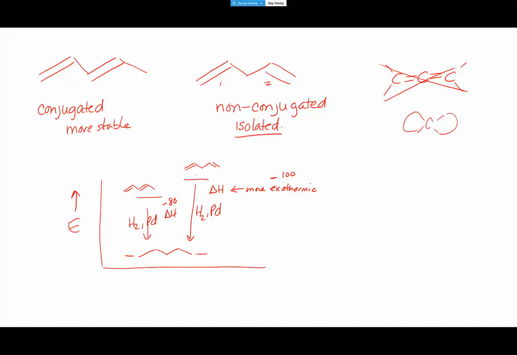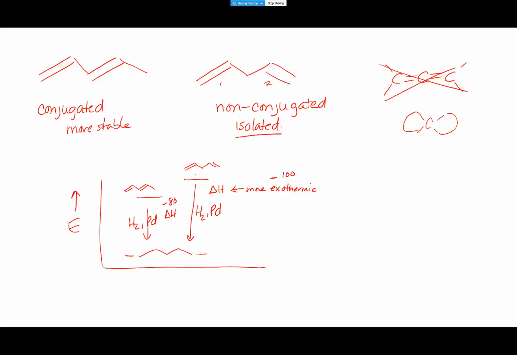It's the less stable, more reactive principle. And so they talk about this. You could also combust these and do the same thing, since you're going to make the same amount of CO2 and water. So that's how we know that the conjugated system is more stable than a non-conjugated system.